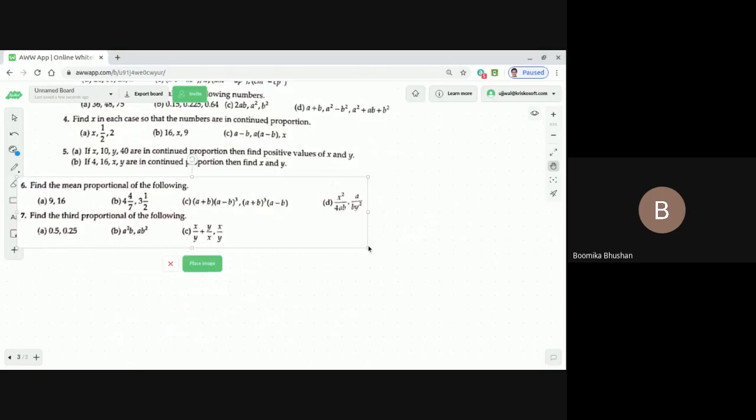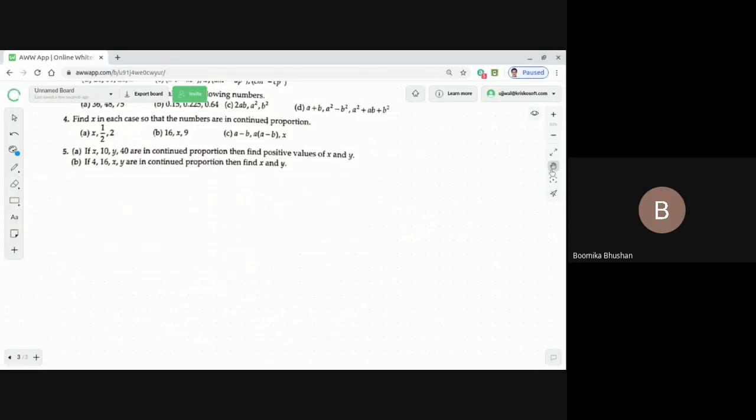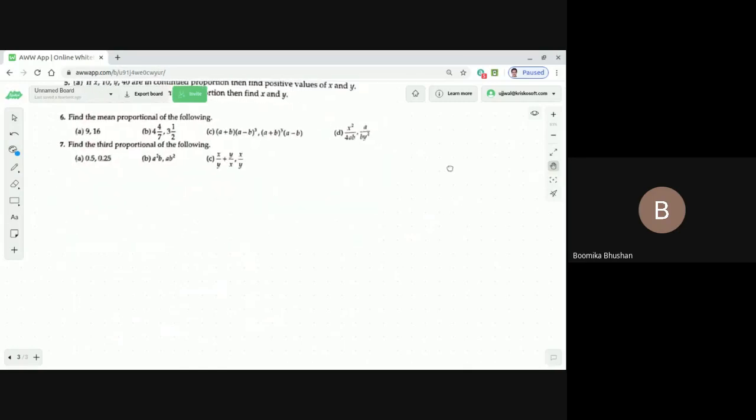No, sir, you told tomorrow a few sums I have to send and day after tomorrow a few sums. Should I send everything tomorrow or a few sums day after tomorrow morning? No, what you do, the problems I'm going to give, 50% you can send tomorrow and 50% you can send day after tomorrow. Okay, sir. Yes.